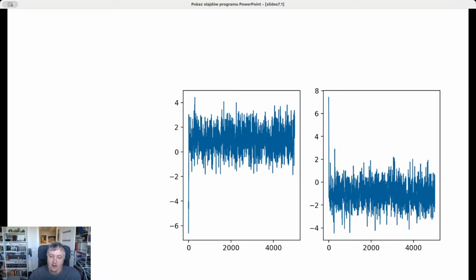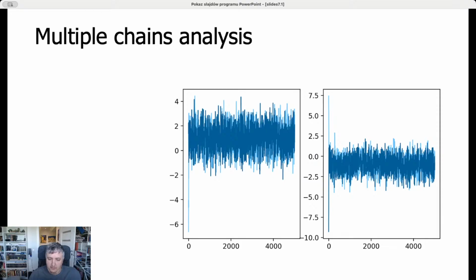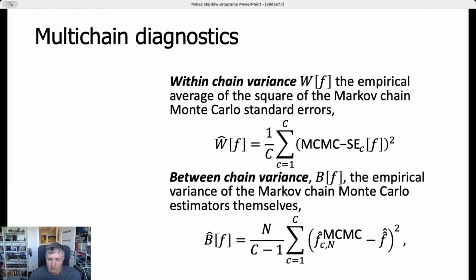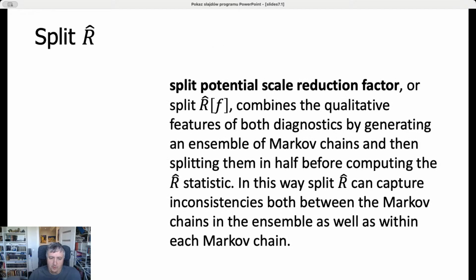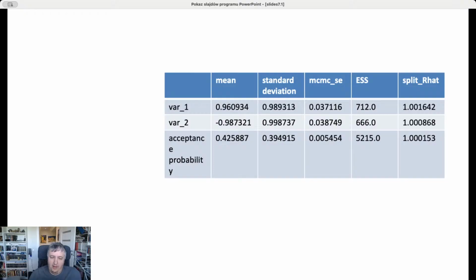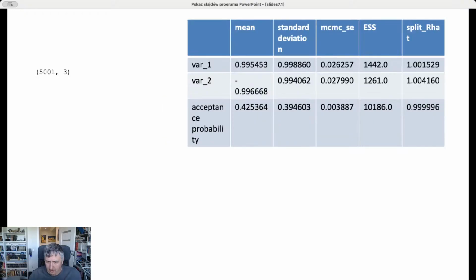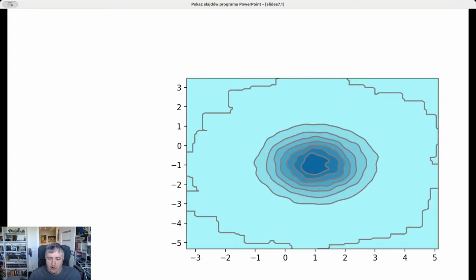These chains are getting stationary rather fast. They are wandering around the typical set very well. There are no significant problems. We discussed some diagnostic aspects, but we saw that everything was okay for that case. However, this will not always be the case.